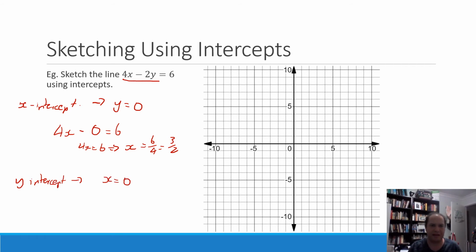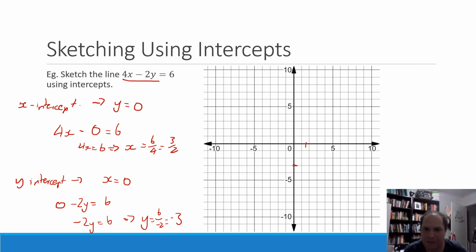So substituting that in, 4 times 0 will give us 0, minus 2y equals 6, so -2y equals 6. Rearranging that, y equals 6 over -2, which equals -3. So our y-intercept is -3.